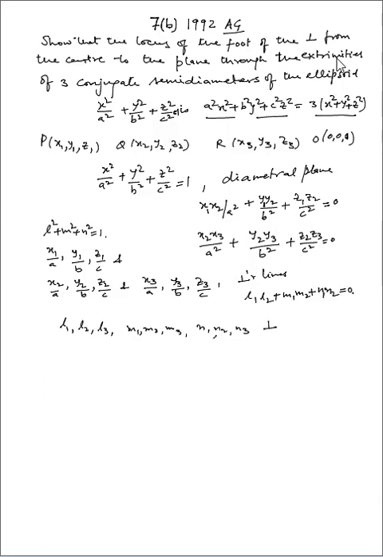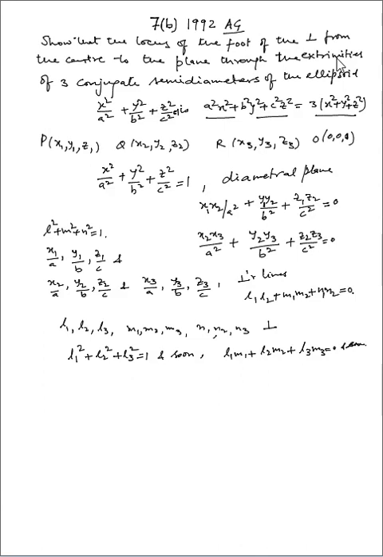So in that case we can write l1 square plus l2 square plus l3 square is equal to 1 and so on. And similarly l1 m1 plus l2 m2 plus l3 m3 is equal to 0, and so on.